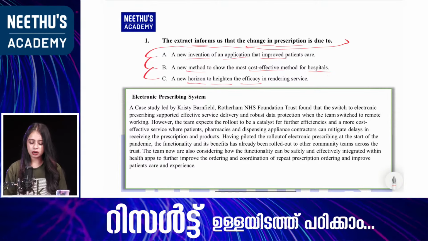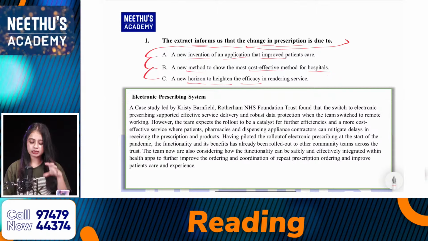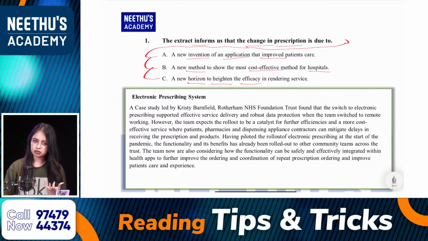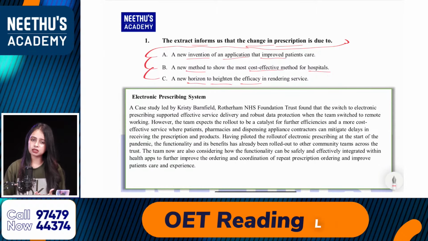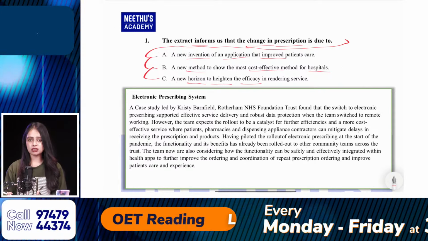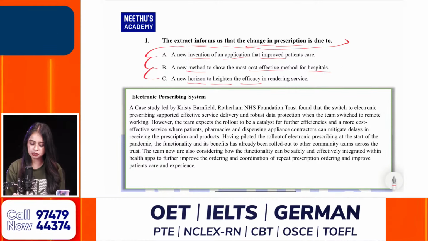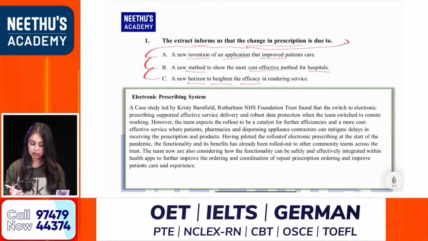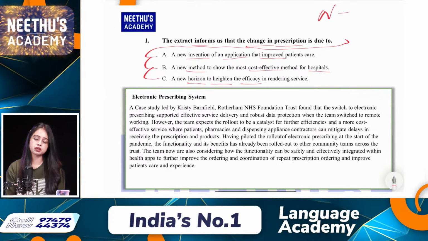This is all about a notice. The notice is providing information regarding why they have changed something, from the normal prescribing pattern to the electronic prescribing system, and what is the reason for the change. So we can categorize this document into the third category, which is a notice.